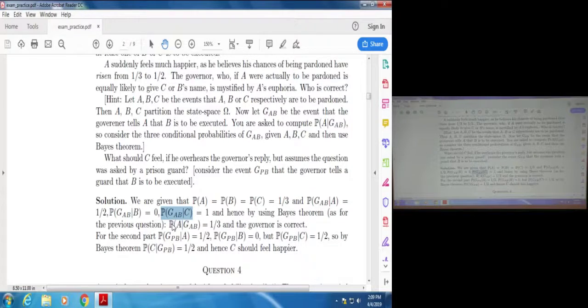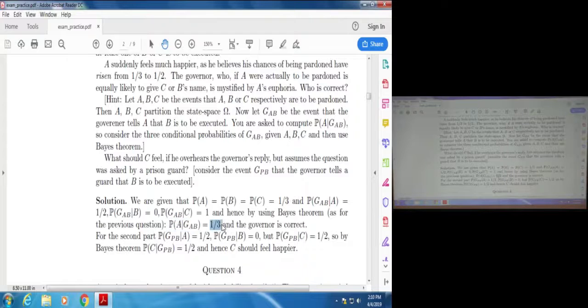That's the whole point. Now we're just going to use Bayes' theorem. The probability of A given G of A B is the probability of G of A B given A times the probability of A, over the probability of G of A B. The probability of A is a third, the probability of G of A B given A is a half, and the denominator is a third times a half, plus a third times 0, plus a third times 1.